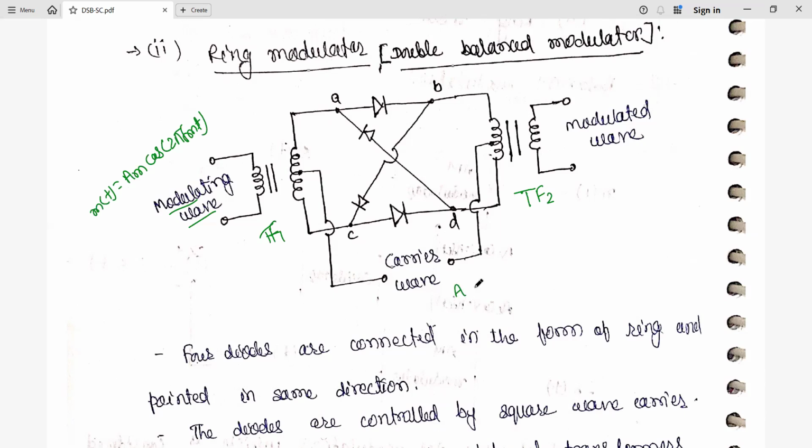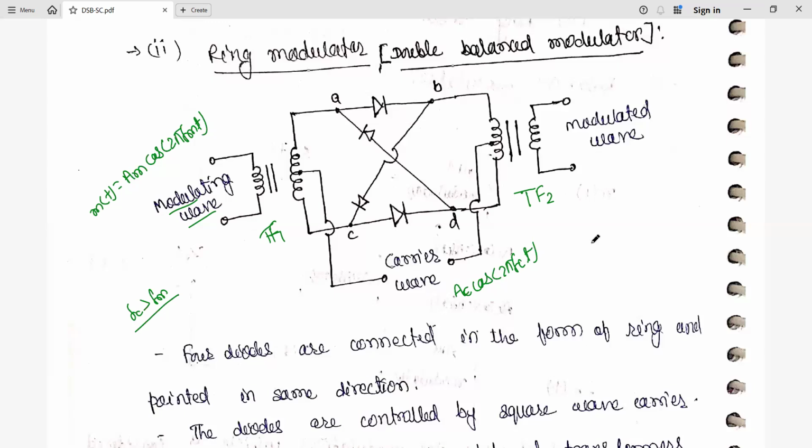Suppose we take the carrier signal as Ac cos 2 pi fc t, where fc is the frequency of the carrier signal and fm is the frequency of the message signal. Here fc should be greater than fm, as you know. The carrier signal frequency should always be greater than the message signal frequency.